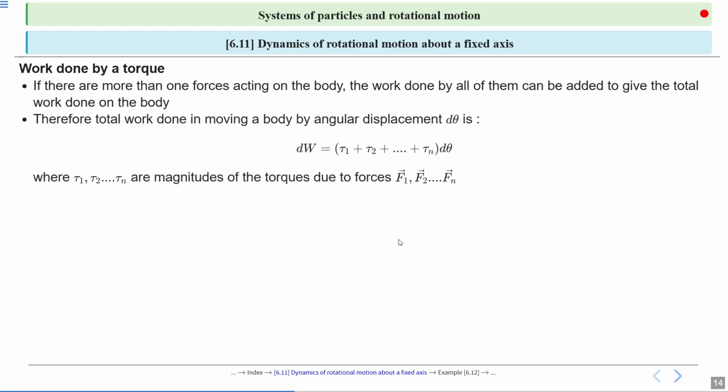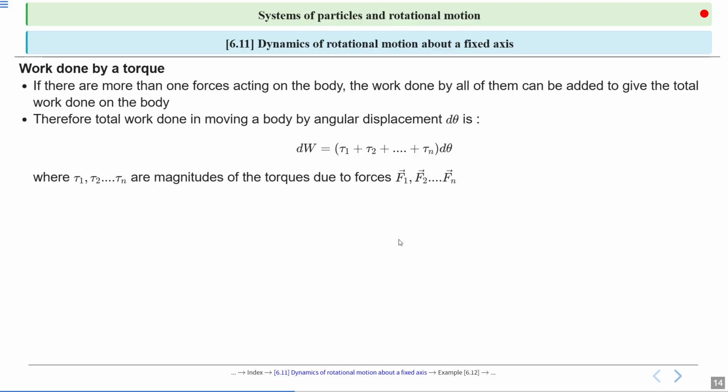So to calculate the work done by more than one force acting on the body, we can write dw is equal to tau 1 plus tau 2 plus tau n, into angular displacement d theta.